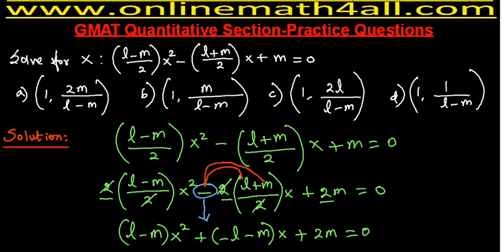In the third step, I needed a positive sign here instead of this negative, so I took the negative sign inside the parenthesis, distributing it to both L and M. Inside the parenthesis it will be negative L negative M. So this is the quadratic equation I have now.